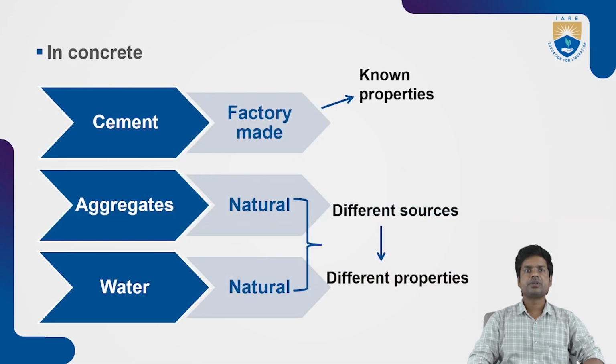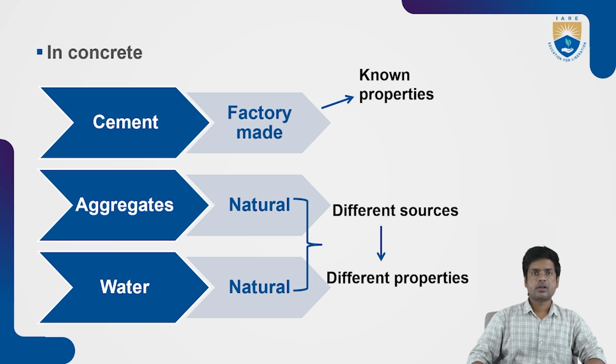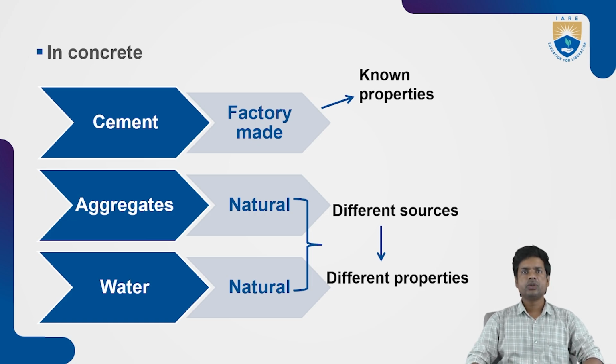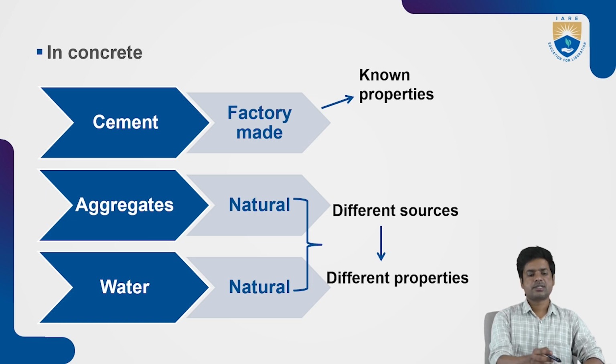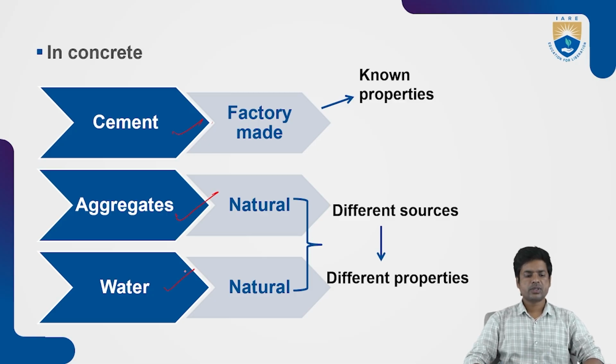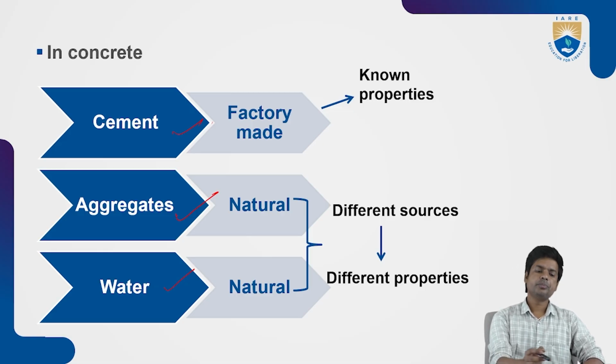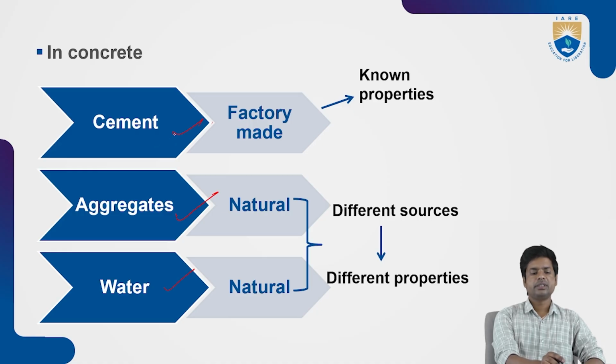One more reason for studying the properties of aggregates is that in concrete preparation we use different materials such as cement, aggregate, and water. These are the common materials for preparing basic or conventional concrete. If you take cement, this is a factory product.